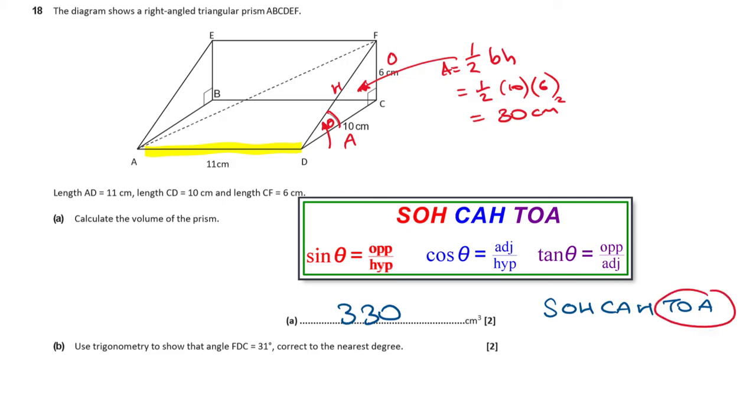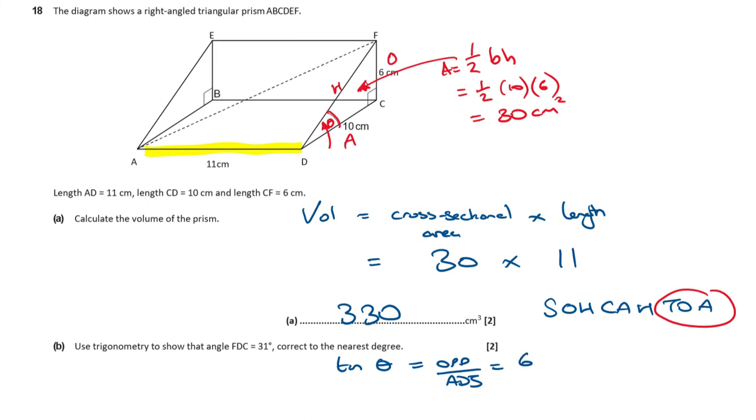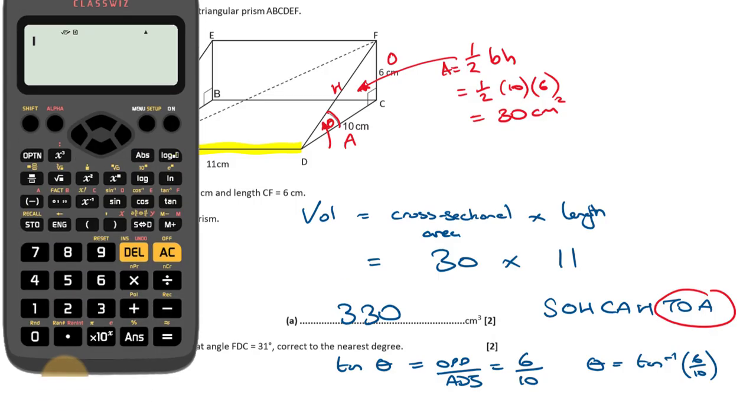Okay, which tells me that tan theta is equal to the opposite over the adjacent. Now that is equal to the opposite, which is 6, over the adjacent, which is 10. So then my angle theta is going to be the inverse tangent of 6/10. Tap that into the calculator. Hopefully it's the right answer.